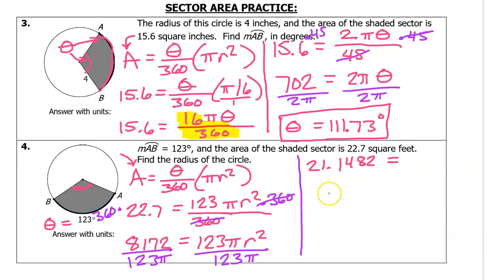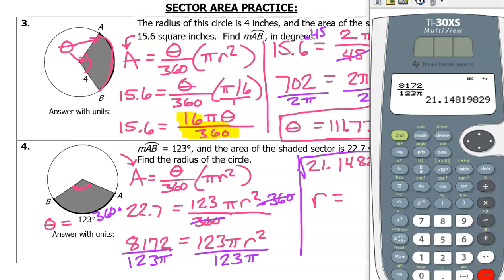Okay, this is more decimals than we would need if this were the final answer. But we have one more step. If I want to get r by itself, I need to take the square root of both sides. That's kind of how you unsquare something. So this is going to give us the final answer. I need to do the square root of 21.1482.